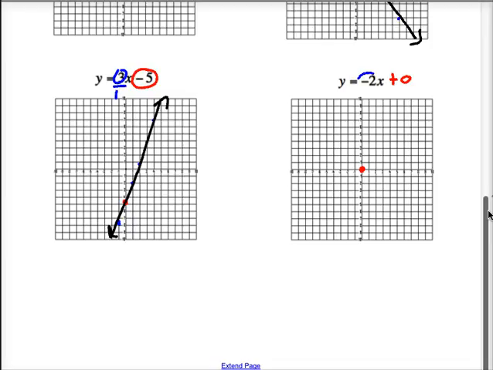Now my slope, my number with my x. So negative 2, again, think of that as negative 2 over 1. So rise of negative 2 over 1. So basically that means down 2 over 1, down 2 over 1. And again, follow that pattern in both directions to get as accurate of a line as possible. Then connect your points.